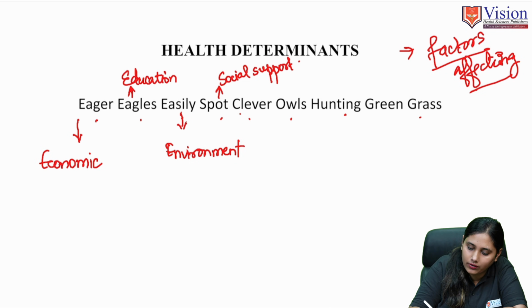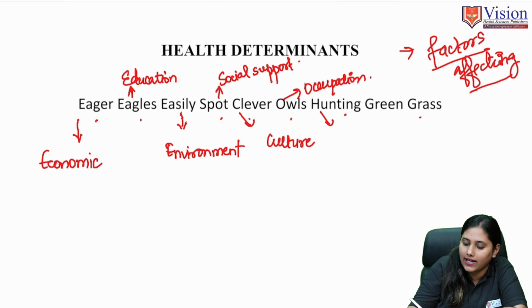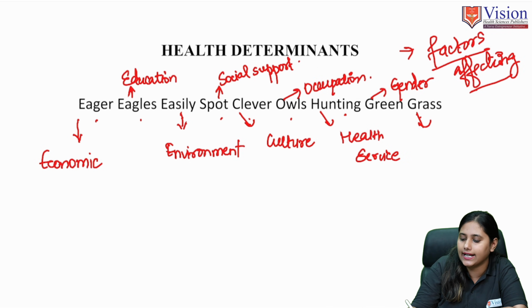C stands for culture. O stands for occupation. H stands for health services. G stands for gender. And the second G stands for genetics.